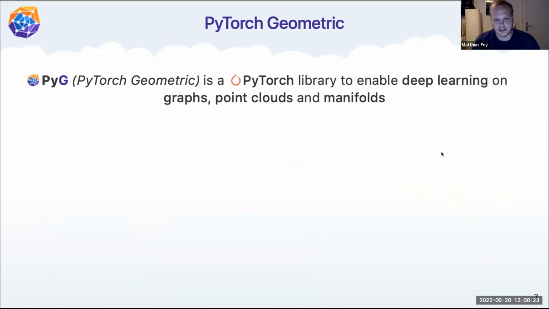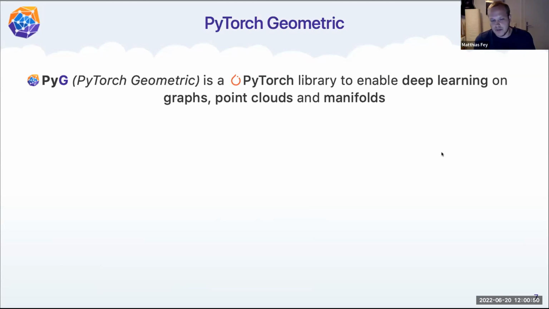And so there exist a lot of applications, a lot of GNN flavors and so on. And so this talk will mostly focus on how we can implement them efficiently. And one solution towards that is the PyTorch Geometric library, which I developed during my PhD. And that is a PyTorch library to enable basically deep learning on graphs, point clouds, and manifolds.